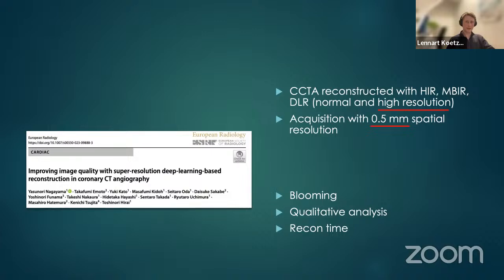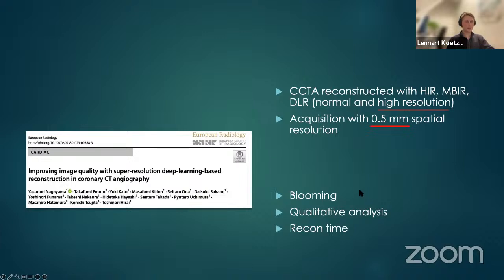CCTA was performed on 51 patients with suspicion for coronary artery disease, and all images were acquired at 0.5 millimeter spatial resolution and reconstructed with hybrid iterative reconstruction, model-based iterative reconstruction, and deep learning reconstruction. However, they were reconstructed with the normal resolution and the high resolution mode.